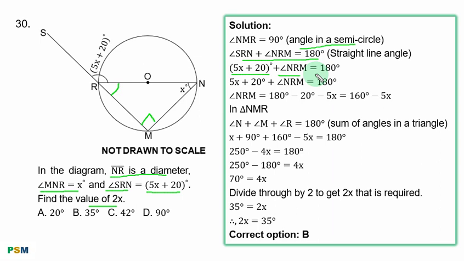Angle S arrow N is this, plus angle N arrow M equal to 180 degrees. You open the bracket, you have this result. To get angle N arrow M, you transfer these values to the right hand side, and you have 180 degrees minus 5S. In triangle NM arrow, the three angles are known.